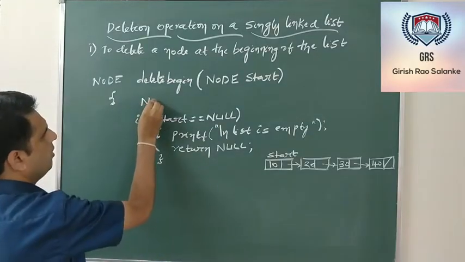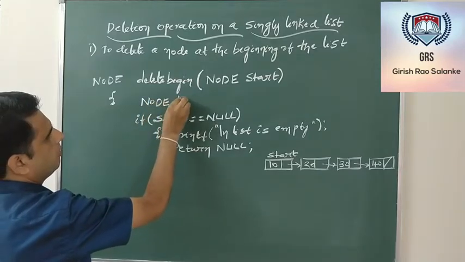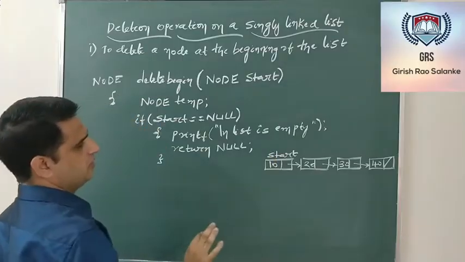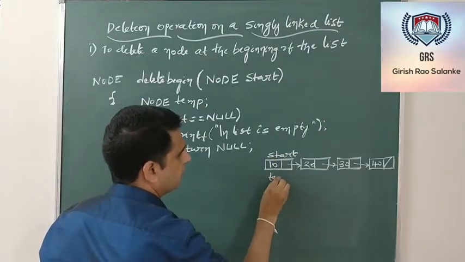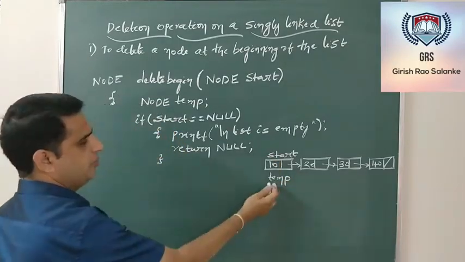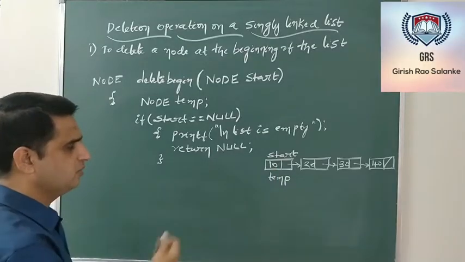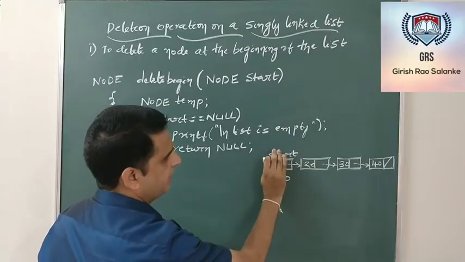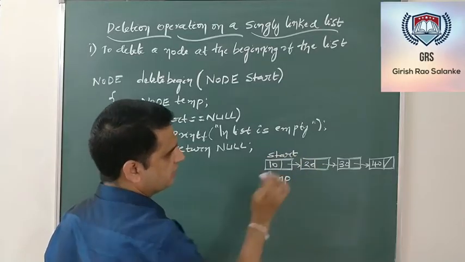Let me take a variable by name temp. Now make temp hold the address of the first node, similar to start. Now what have I done? I have made temp hold the address of the first node. Now make sure that after deleting 10, start should contain the address of the second node.